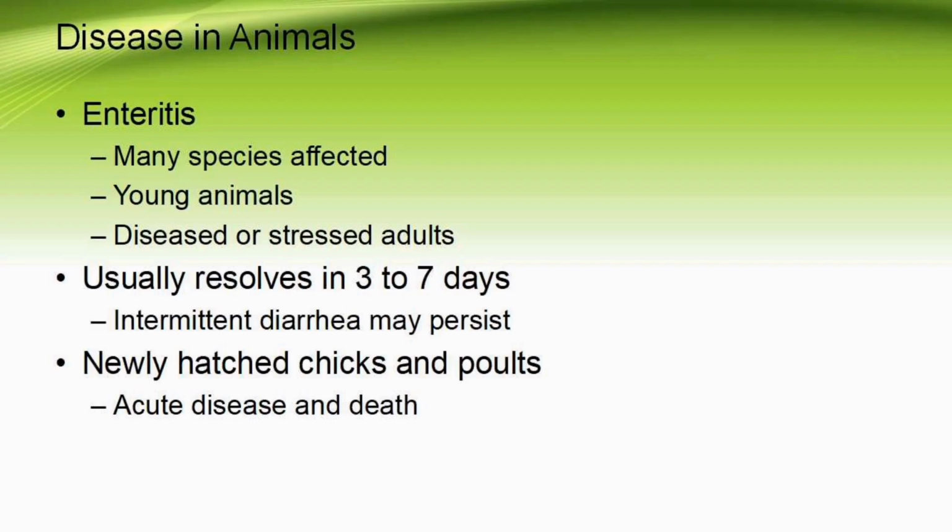The calves typically have a thick mucoid diarrhea with occasional flecks of blood. Mucoid, watery, and sometimes bloody diarrhea is also seen in cats, primates, mink, and ferrets. Newly hatched chicks and poultry develop acute enteritis with rapid onset of diarrhea and death.